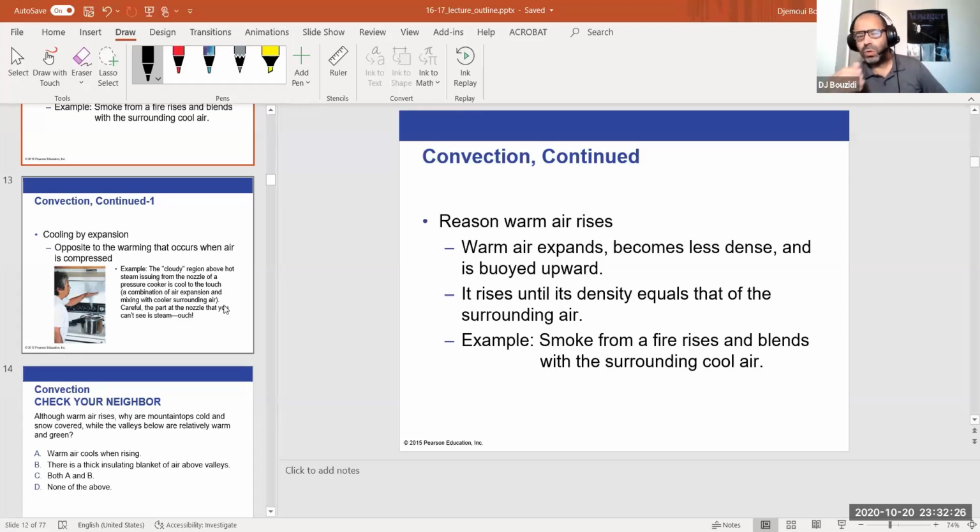Versus if you bring your lips closer, you will feel that the air is a different temperature. Do you guys notice that there is a difference between the two? At least how it feels.